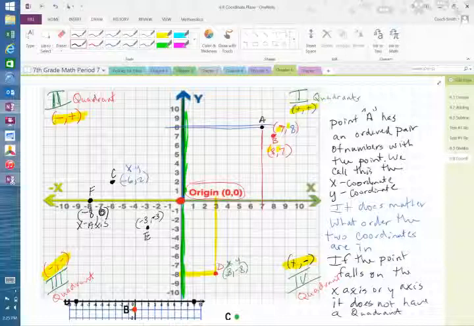So then what would the coordinates of this point we call G be? Zero, -6. And so it would be on the y-axis. Instead of quadrant 1 or 2 or 3 or 4, it's just the y-axis.